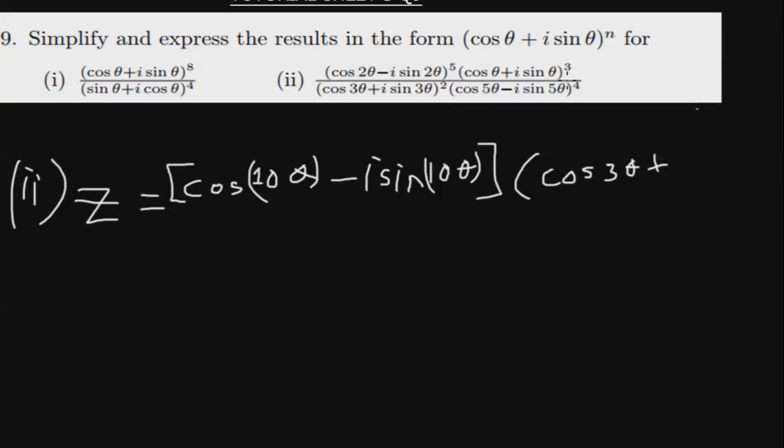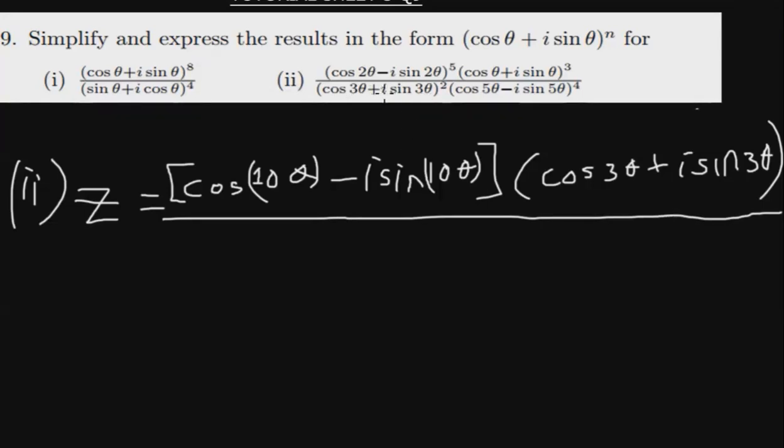Again you get i sine, when you multiply 3 times theta there, you get 3 theta, then close brackets, then everything here over.